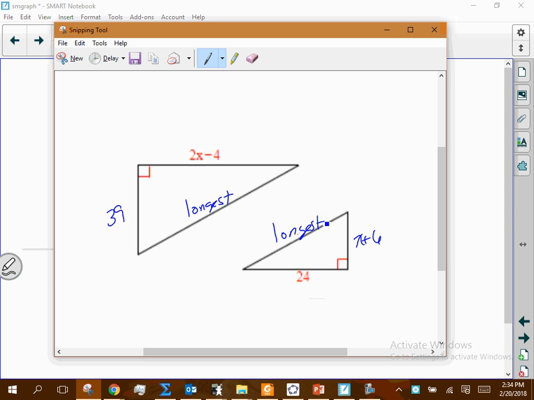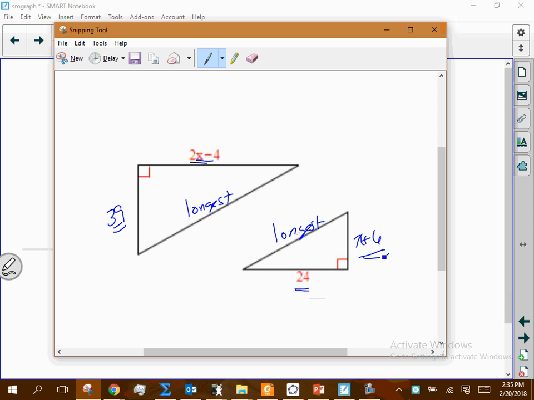But am I able to compare and say that 39 is smaller than 2x minus 4? Do we know that? No. For the same reason, we don't know whether 24 is smaller or bigger than x plus 6. Which means, do I compare 39 to 24, or do I compare 39 to x plus 6? Does that kind of make sense?